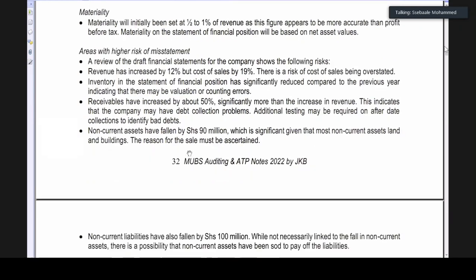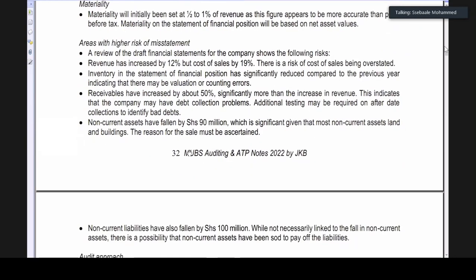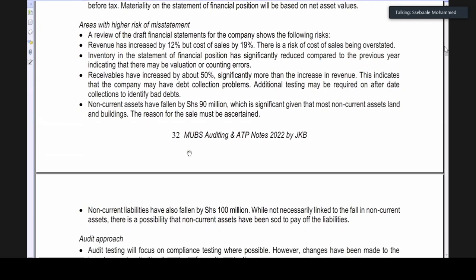Then the non-current assets have fallen by 90 million, which is significant given that most non-current assets are land and buildings. So if the non-current assets fall to that extent, that means that there was a sale. But remember, we saw that one director bought a motor vehicle.